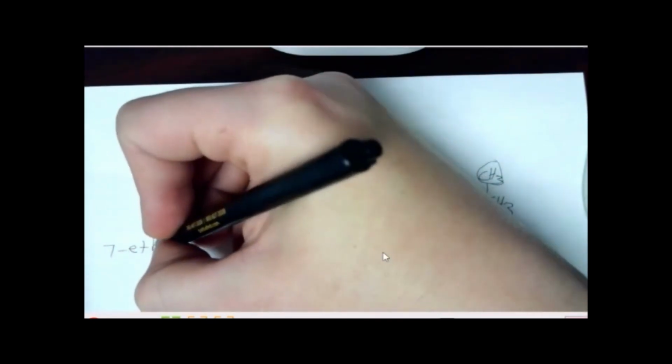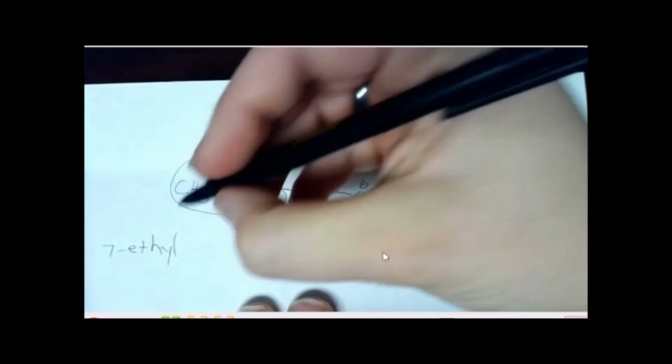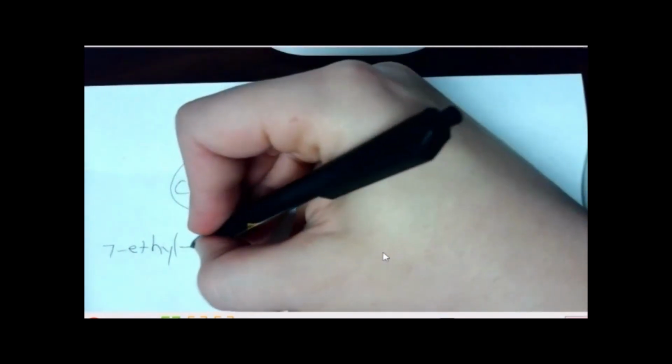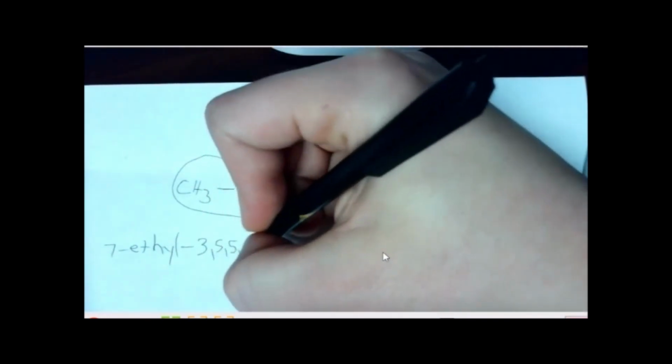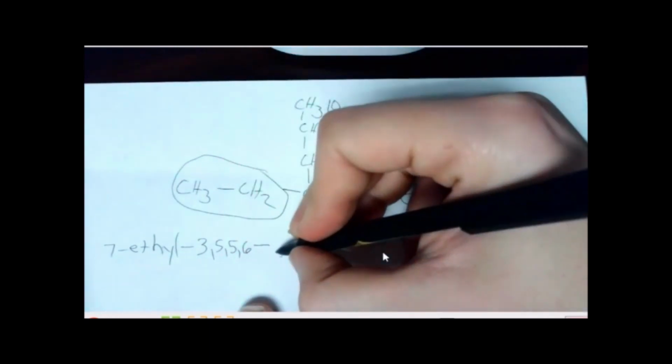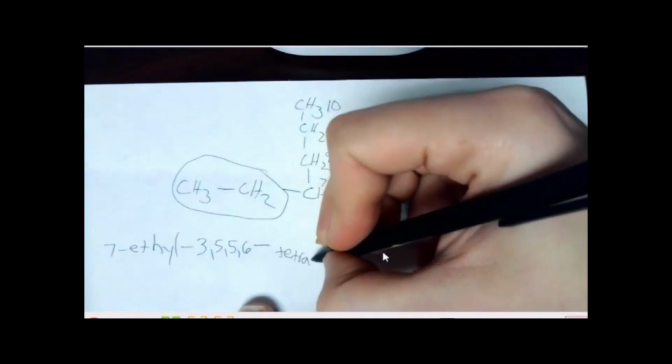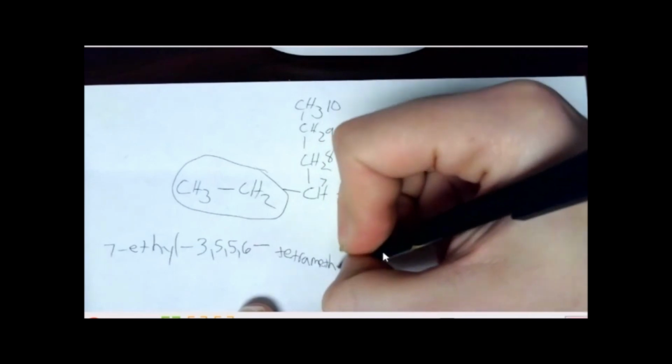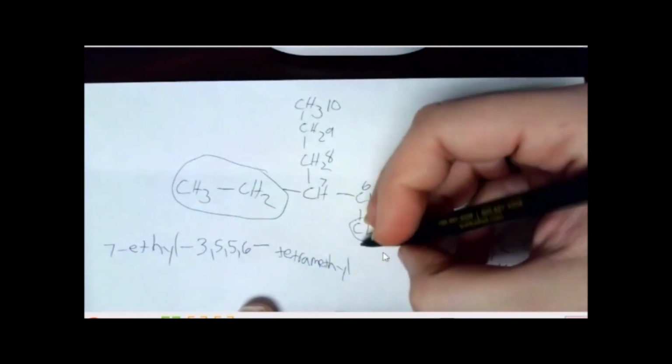So we have 7-ethyl-3,5,5,6-tetramethyl decane.